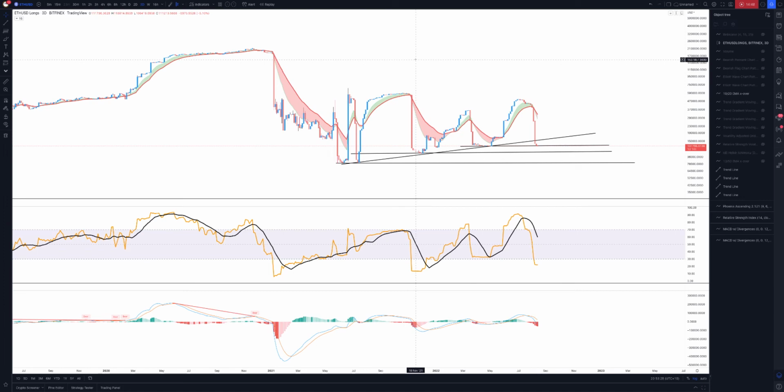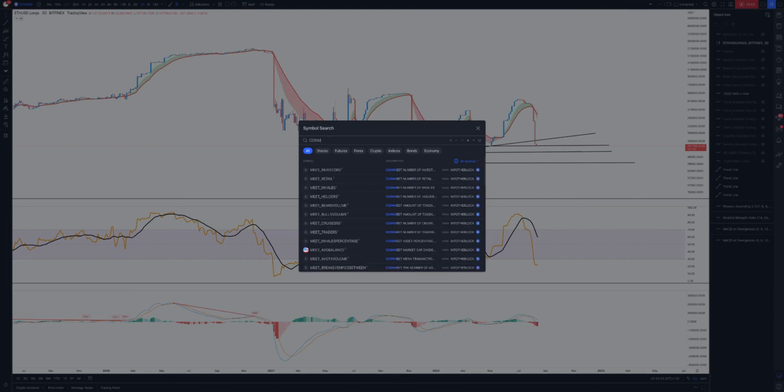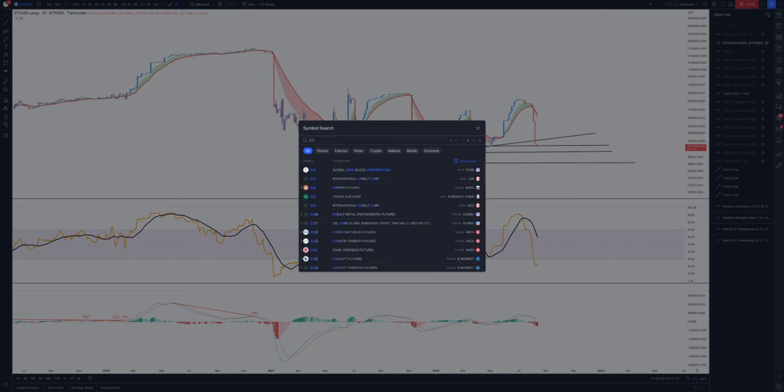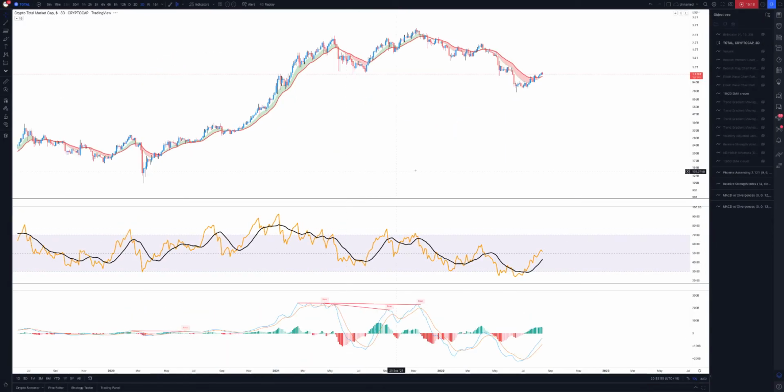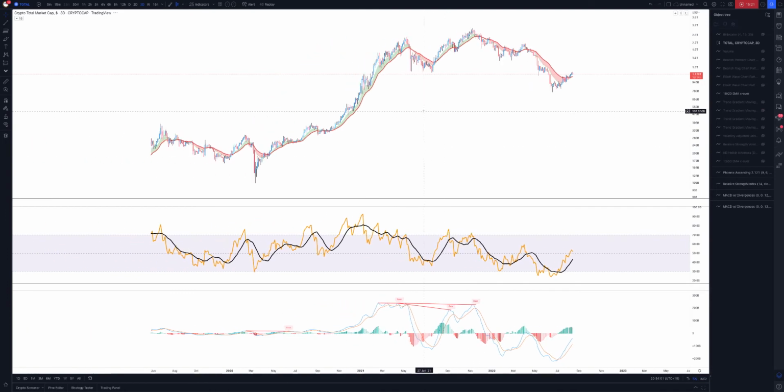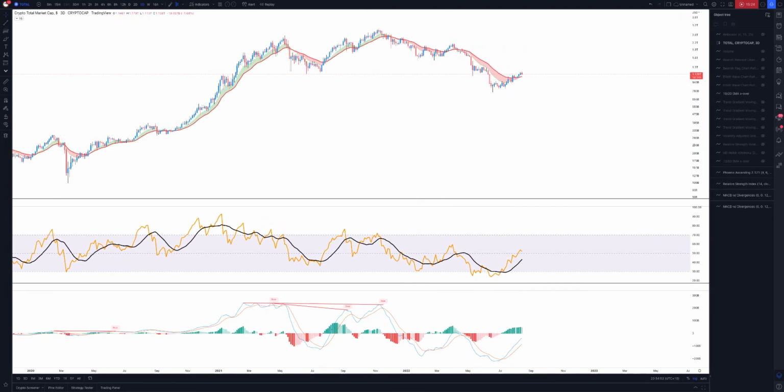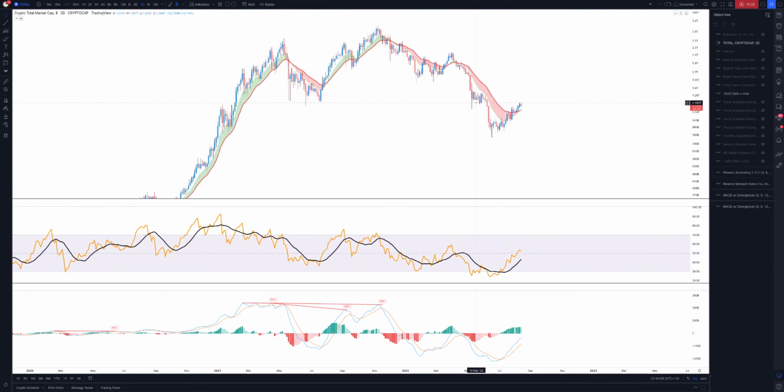And if we look at the total market cap, that's also approaching a significant resistance level, the neckline.